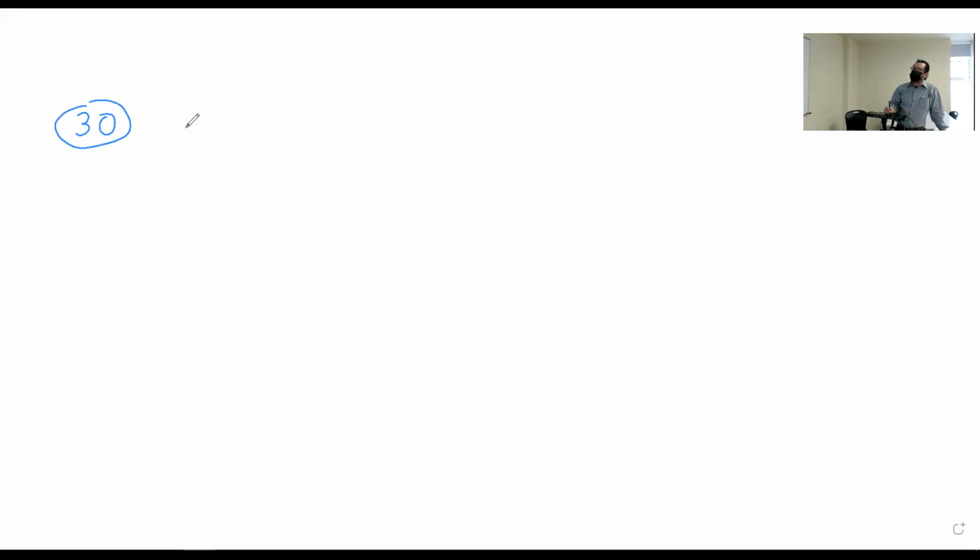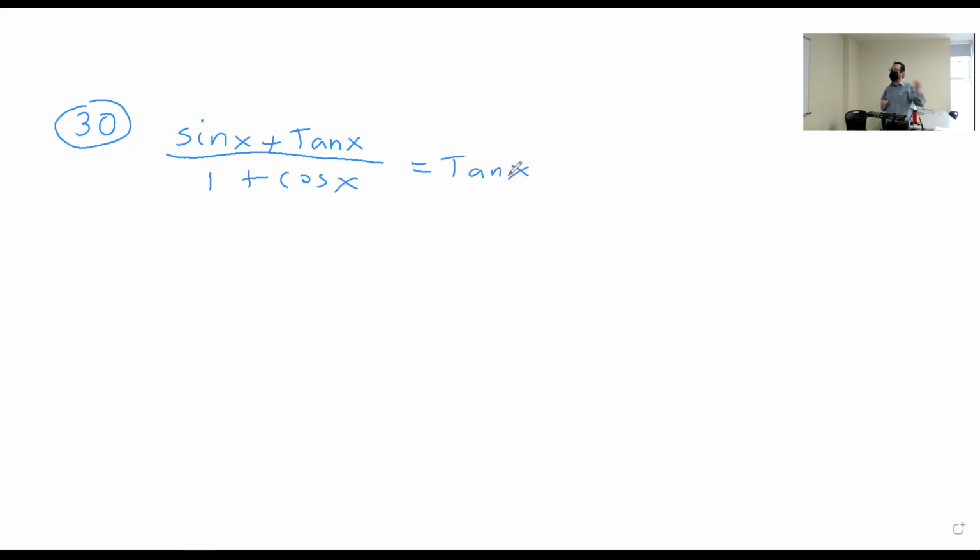Okay, so problem 30, we've got sine of x plus tangent of x divided by 1 plus cosine of x, and that's equal to tangent of x. There's again many ways to approach this.